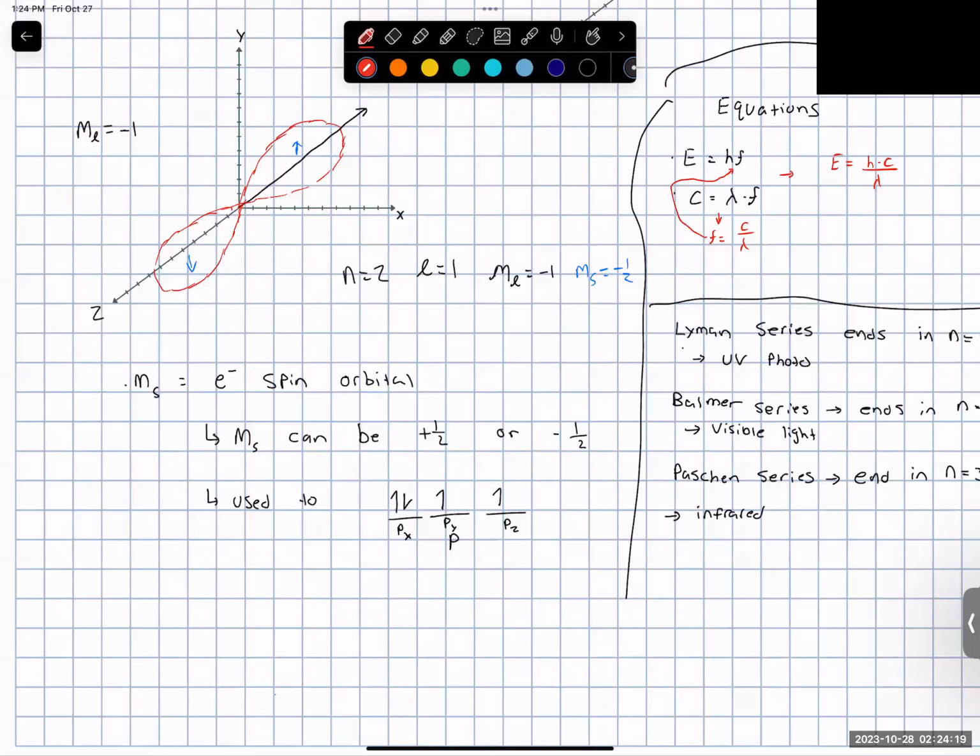You need to directly see the number 1/2 in front of you. I don't care if it's 2/4 or 8/16. As long as you see the number 1/2, that is a possible value for m sub S. So it can either be 1/2 or -1/2.